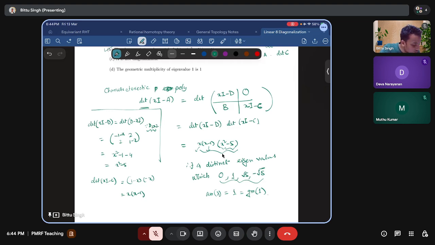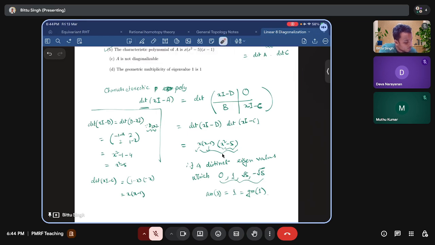Corresponding to each distinct eigenvalue we get a distinct linearly independent eigenvector, so the dimension of these eigenspaces is actually 1 in this case.